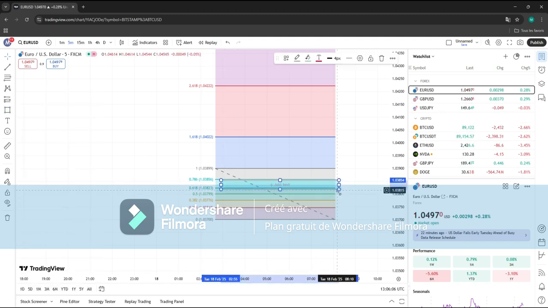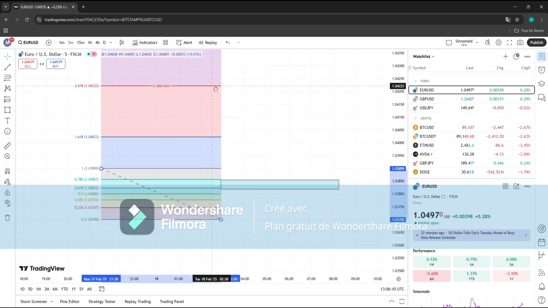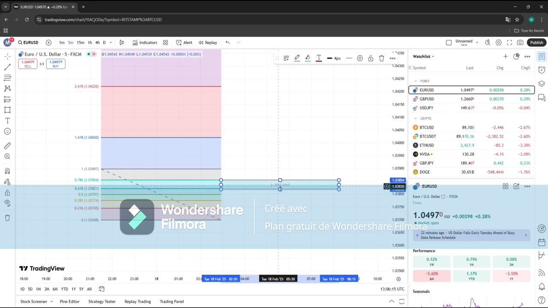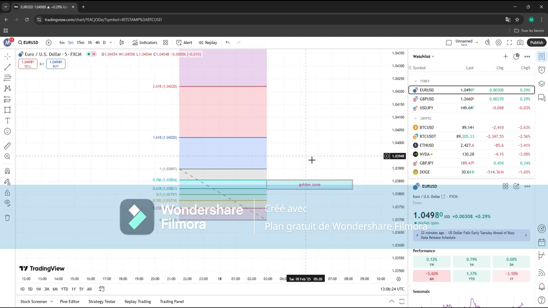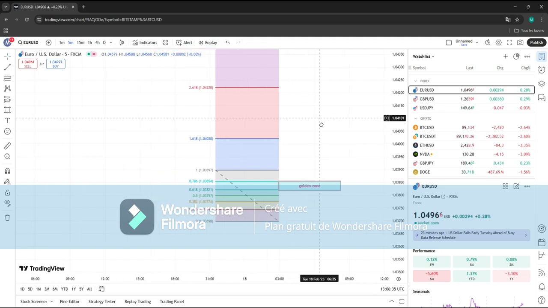This is the golden zone right here in the Fibonacci retracement. This zone is a very good confirmation to buy or sell.